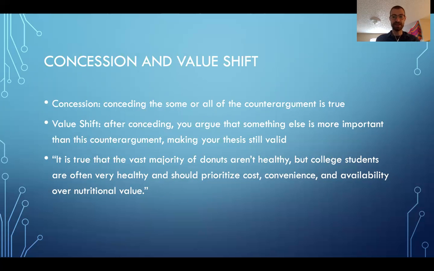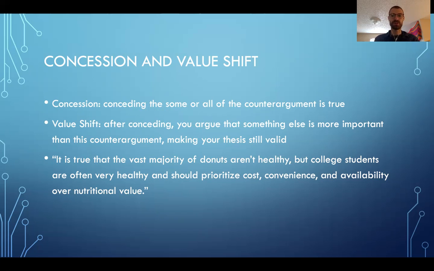The concession and value shift, I think the word concession, where you're conceding part of it, sometimes spooks people, and I think that's worse than a rebuttal. Not necessarily. You should just listen to what the evidence says. If the evidence says that the counterargument itself is wrong, offer a rebuttal. If it says the counterargument's right, then you should concede and you should value shift to show that your thesis is still true.